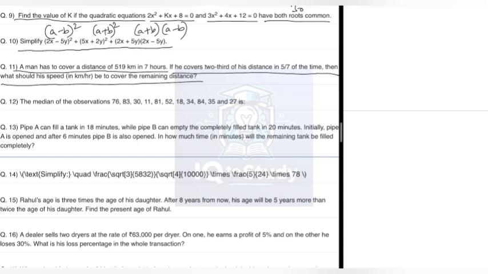Given total distance is 519 kilometers and total time is 7 hours. We know that speed is equal to distance by time.